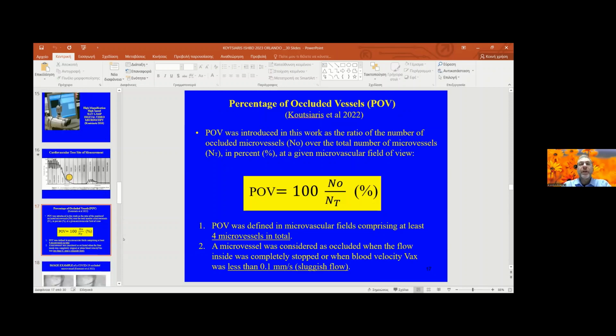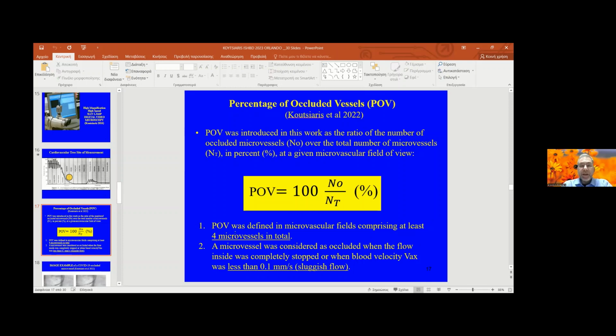And we introduced a new index for quantifying microvascular occlusion called percentage of occluded vessels, or POV. POV was defined as the ratio of the number of occluded vessels, NO, over the total number of microvessels, NT, at a given vascular field of view.